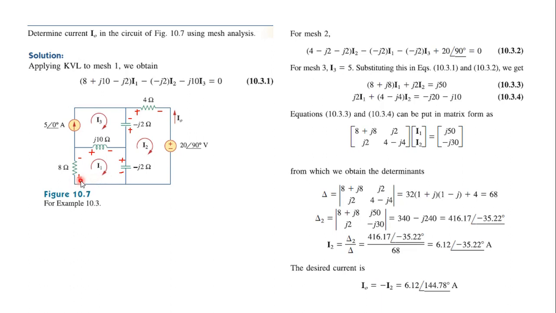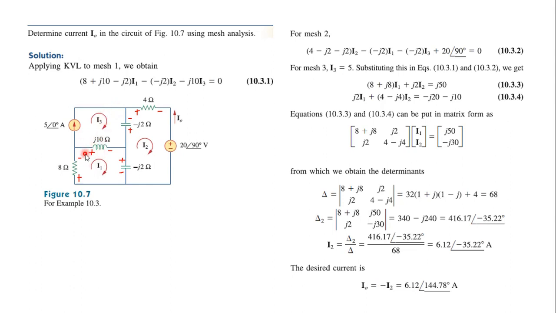Here the current moves from plus to minus, so we write minus 8 I1. Then for the inductor, again it moves from plus to minus, so it is minus j10 times, since two currents are common here, I1 minus I3.